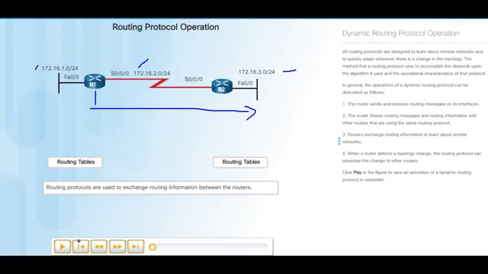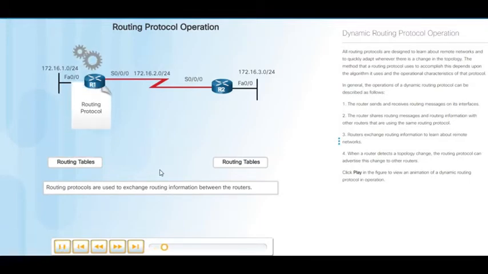Let me just play this one so that we can see it. Routing protocols are used to exchange routing information between routers. So let's see how that happens. R1 will save the two networks that are directly connected to it and then send that update to R2.